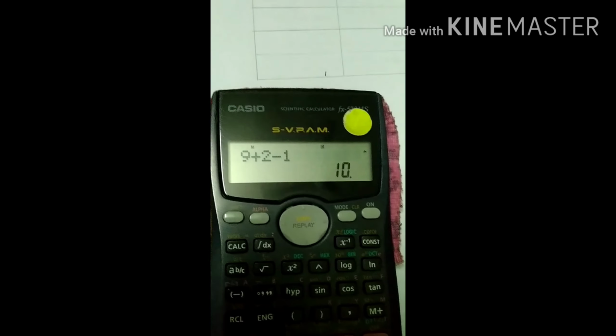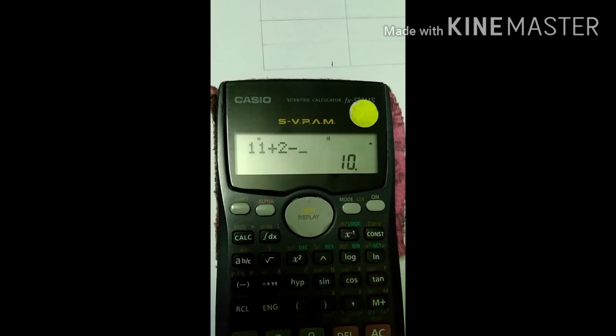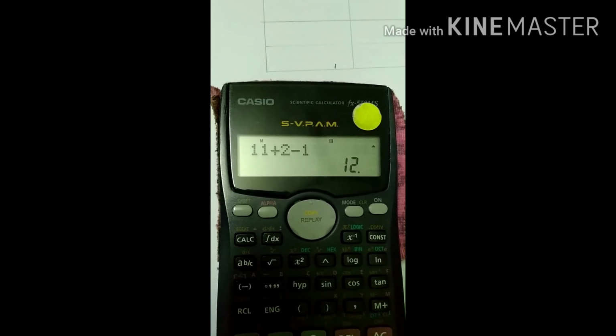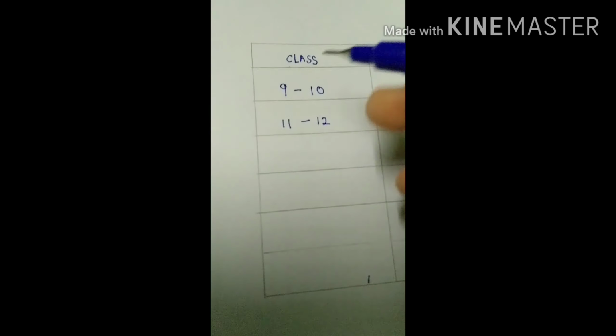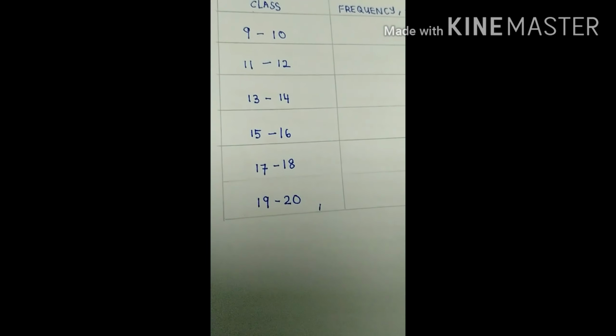Or with the calculator, 11 plus the size of class 2, minus 1, we get 12. Then the next class, the lower value is 13, so 13 until 14, and then 15 until 16, and the next class 17 until 18, and the last class is 19 until 20.